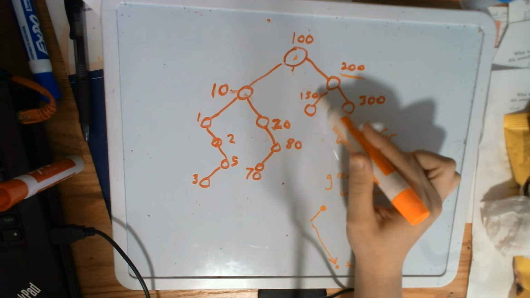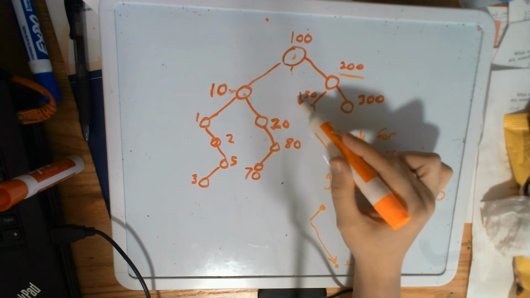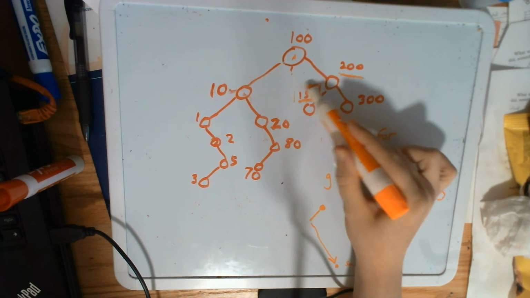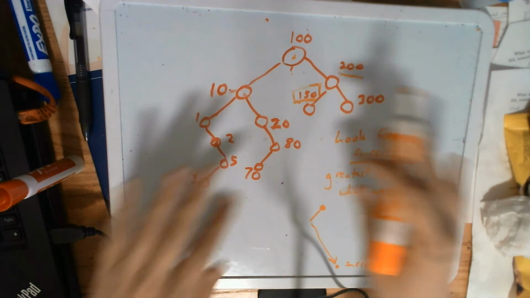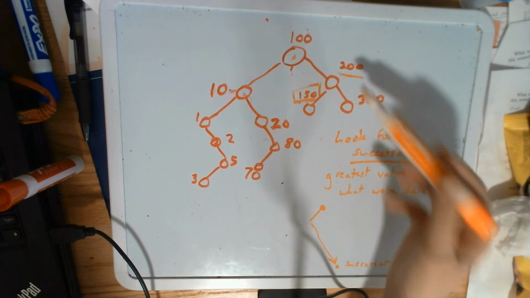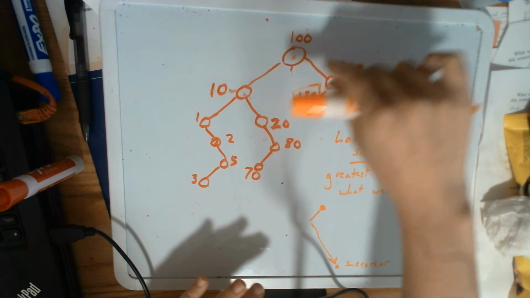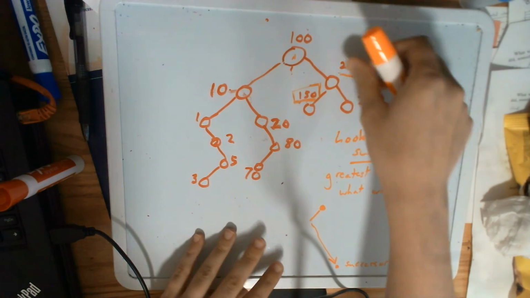So here we do that 1 step left, and then we can't go any further to the right. So our successor is 150. Right, and if we look at the values in the tree, that makes sense. 150 is the greatest value less than 200. And so we're going to move that 150 node to the 200 spot.